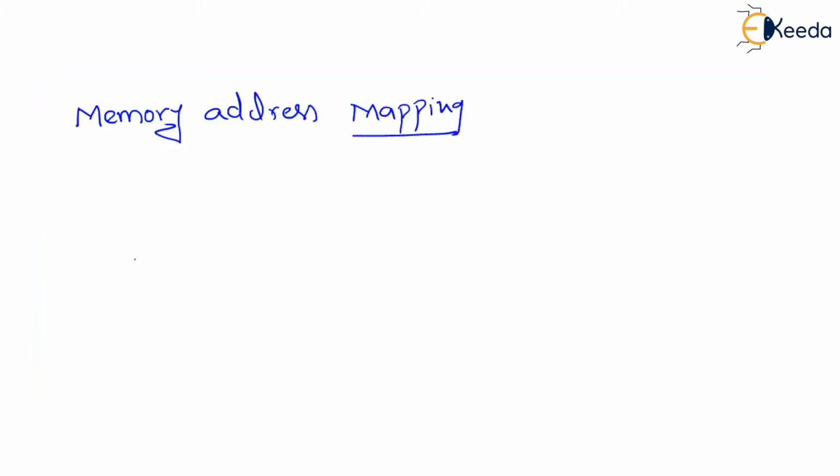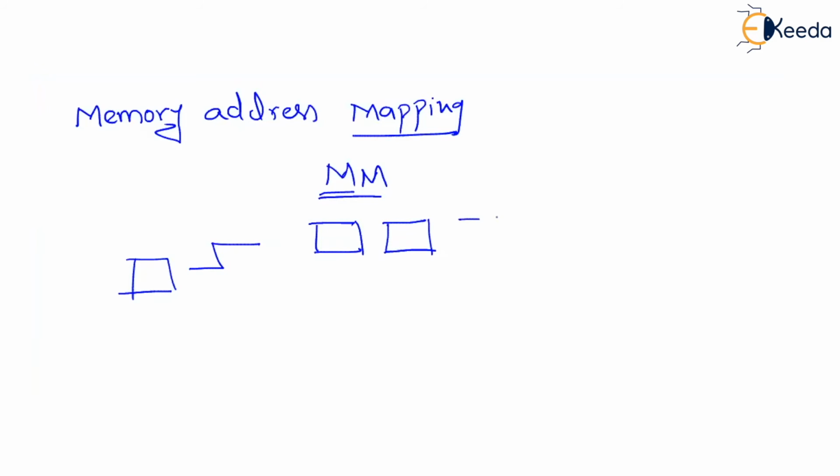What exactly is memory address mapping? Here there is a CPU, but there are multiple chips. When the CPU wants to communicate with the main memory, this is the main memory altogether. In order to have it secured and safe, we have divided the main memory into several RAM chips rather than using a single chip. So we do have multiple chips, and there is a ROM chip also.